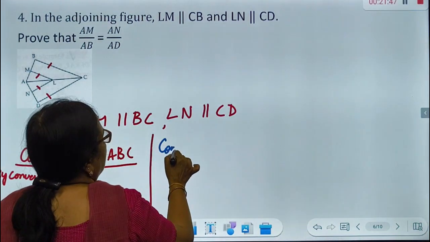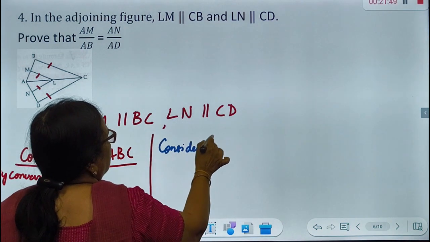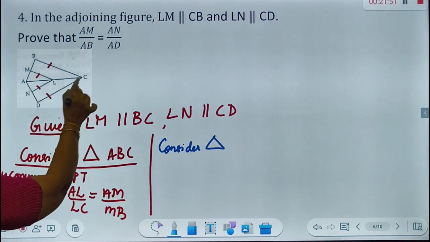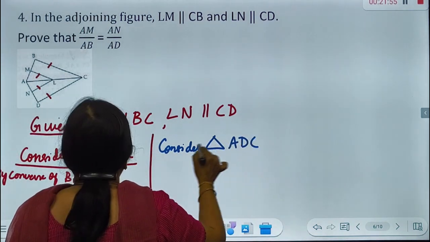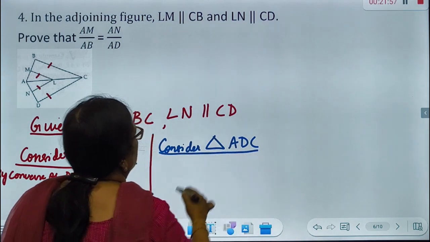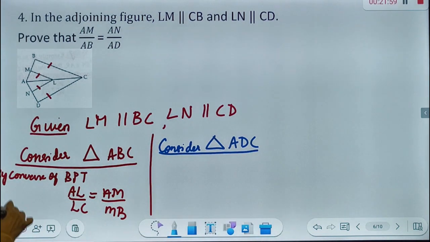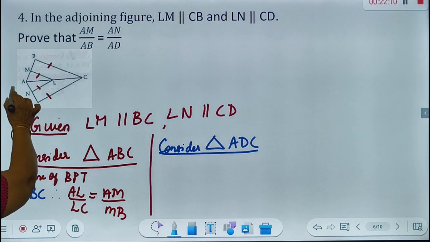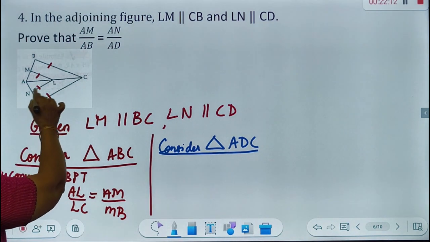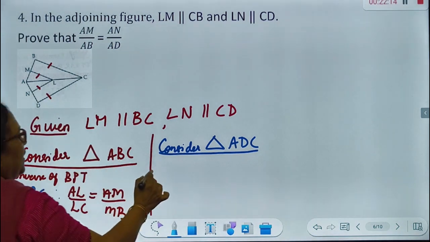Now consider this triangle ADC. So in this triangle, why are we applying this? Because LM is parallel to BC. Therefore, AL by LC is equal to AM by MB. Now you are considering the triangle ADC. Now here in this triangle, what do you observe?